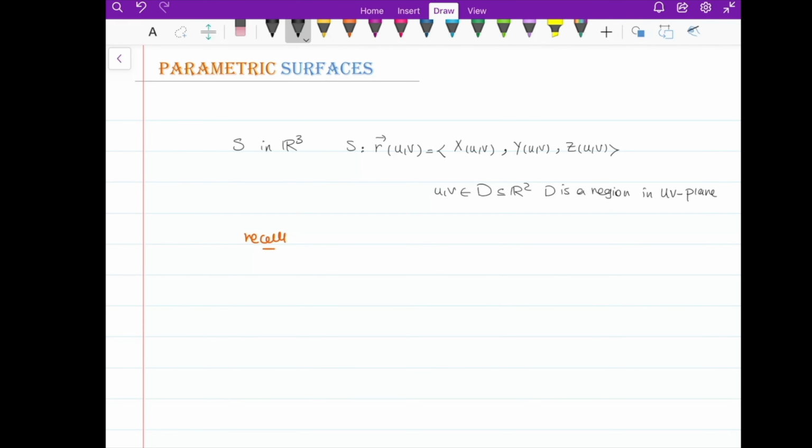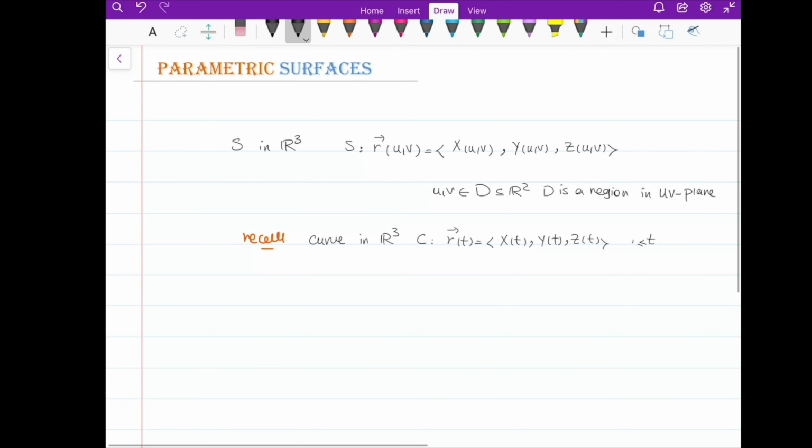If you remember, when we have a curve in space, in R3, that we show by C, we use just one parameter t to parameterize that, r of t, and we said that our curve C has coordinates x of t, y of t, and then z of t, where t is in one interval a and b in R1.